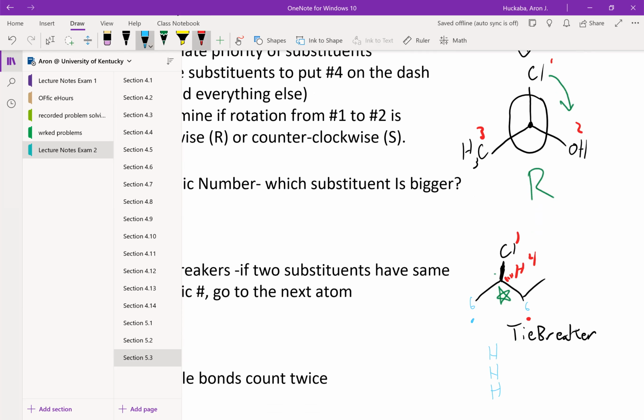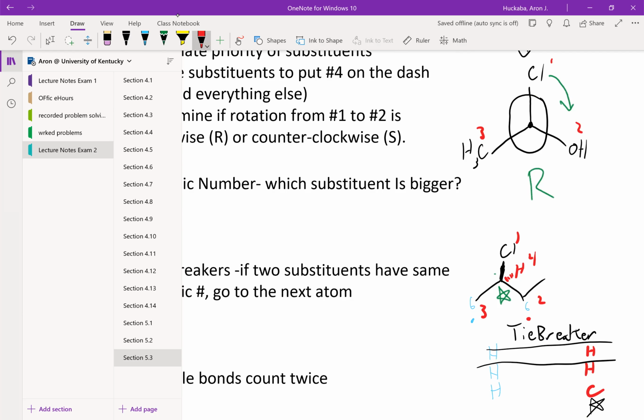And the red carbon has 2 hydrogens, but another carbon. So while the first 2 cancel out, the red is the winner with the carbon bonded to it. So that means it gets second priority. And the blue carbon gets the third priority.